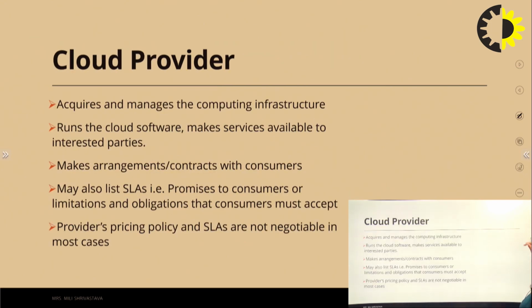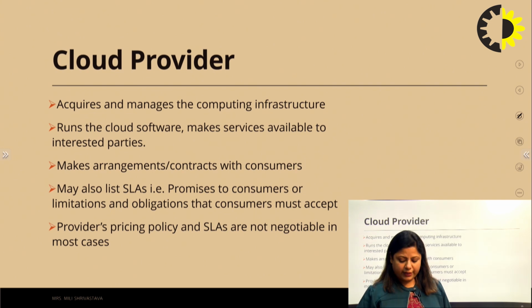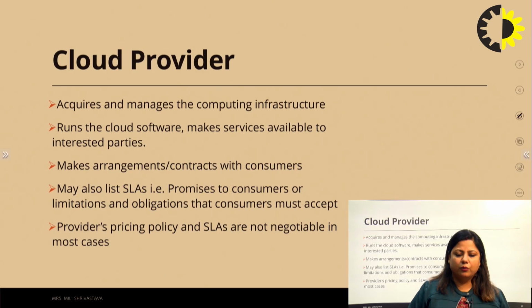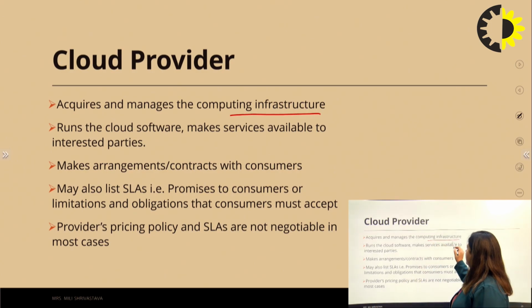Now next is cloud provider. Who is a cloud provider, and what are the basic roles of a cloud provider? Basically, whoever provides the services of cloud is known as a cloud provider. It acquires and manages the computing infrastructure.